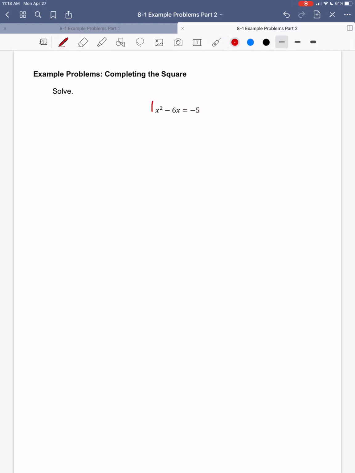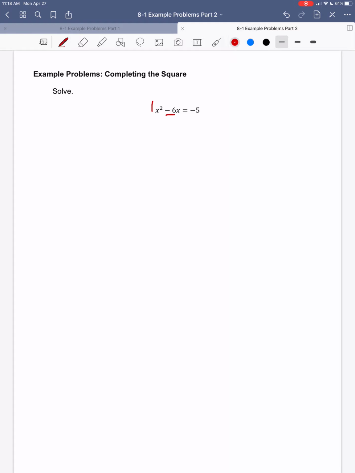The next thing is I have to get this special number, or secret number, that I'm going to add to both sides so that it factors nicely. The way that comes about, I always look at the linear term where I have x to the first power, and I look at what's with that x, and that's this number -6.